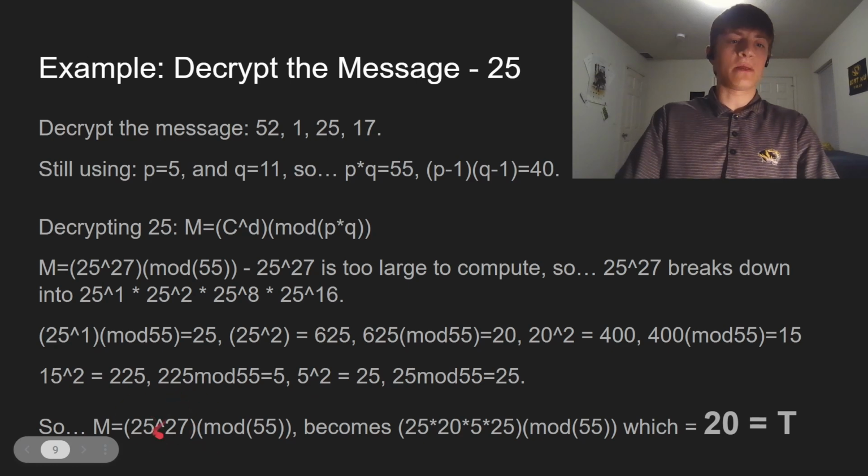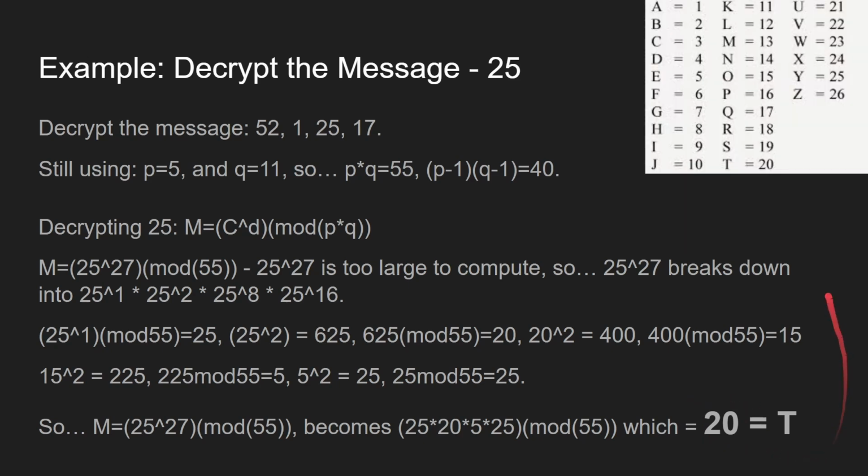So the 25 to the 27th power mod 55 becomes 25 times 20 times 5 times 25. And again, we're leaving that 15 out because it's the 4th power, and we're only looking for the binary 1, 2, 8, and 16. So this turns out to equal 20 at the end of the mod, which is what we would expect, and T equals 20.